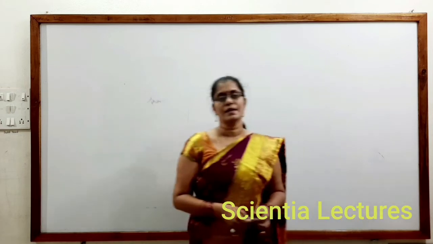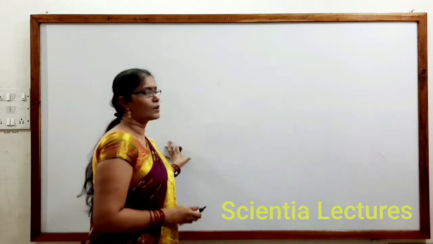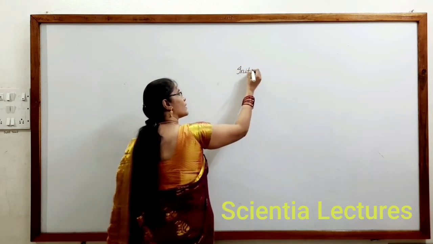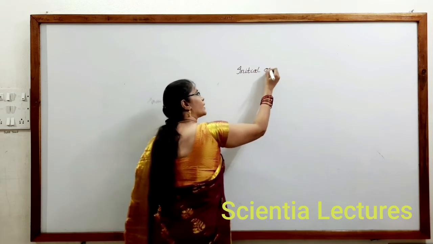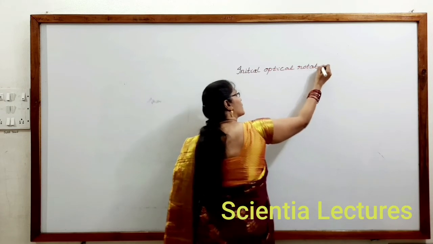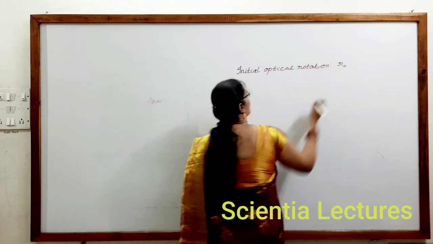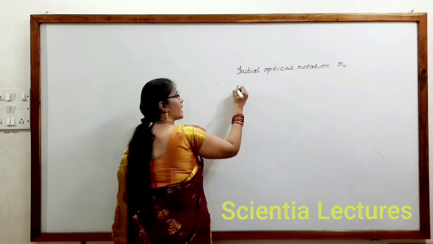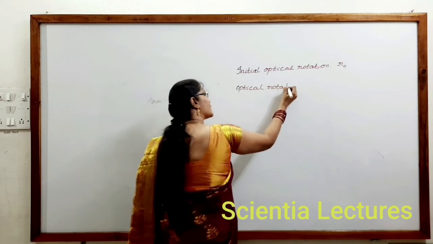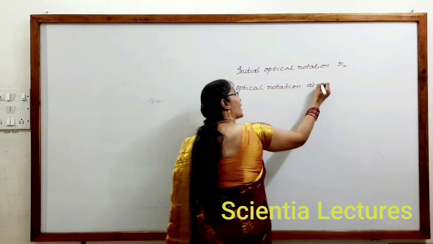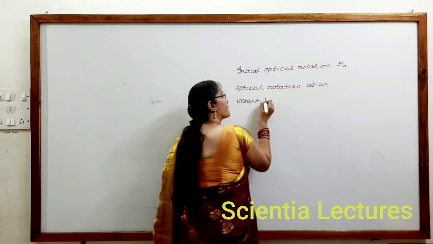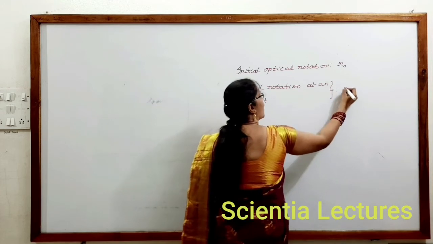Now here, let us see the conditions by optical rotation, what they have given. Initial optical rotation was given to us as R0. Optical rotation at an instant t is given as Rt.